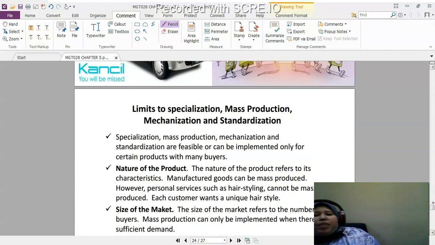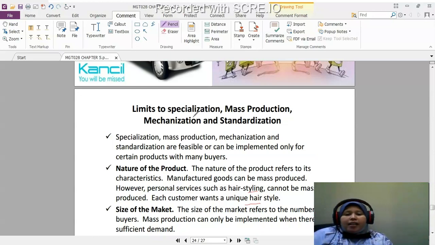Okay, there are also limits to specialization, mass production, mechanization, and standardization. Apa dia? Limits ataupun disadvantages. The nature of the product and its characteristic. Manufactured goods can be mass-produced. However, personal service such as hairstyling cannot be mass-produced. Each customer wants a unique hairstyle.